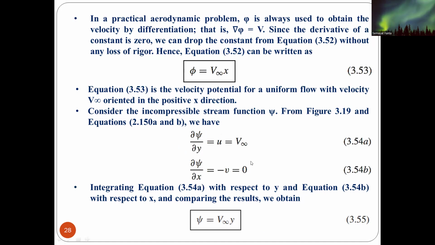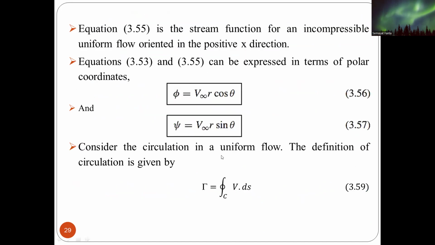In a similar fashion, we get psi is equal to V infinity y, and phi is equal to V infinity x. Equations 353 and 355 are very important equations in terms of velocity potential and stream function. Therefore, for uniform flow, we consider these two equations.